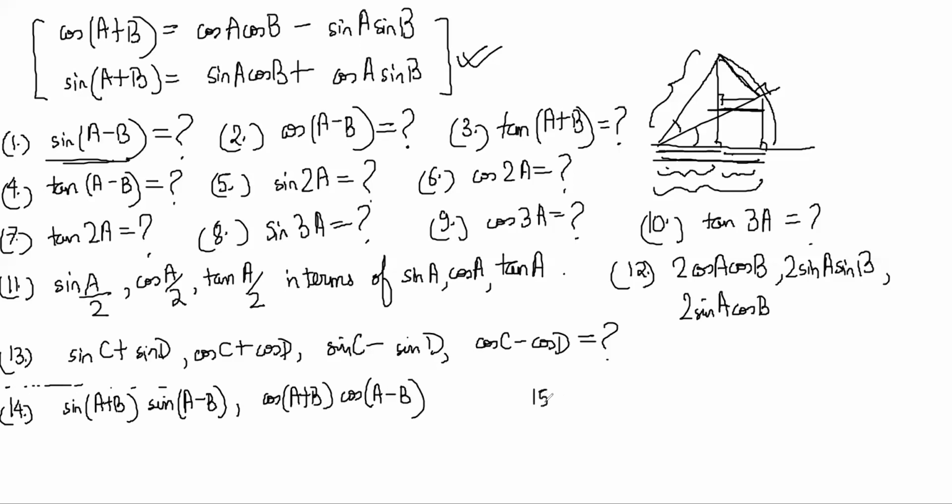The 15th one will be sine (60 minus theta) sine theta sine (60 plus theta), and cos (60 minus theta) cos theta cos (60 plus theta). Once you are done with these, more or less our job is done. We might look at one or two more, but this is more or less it.